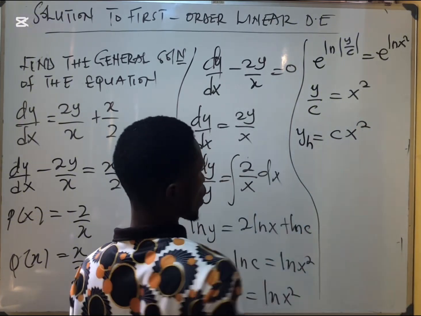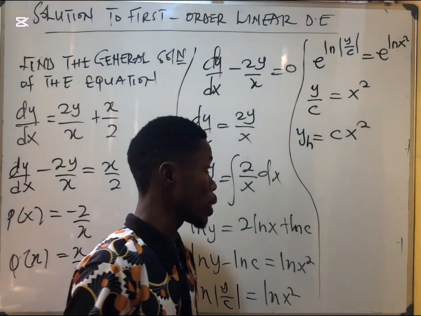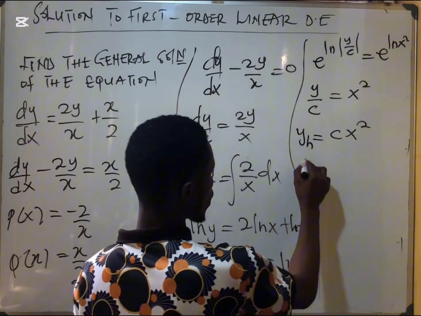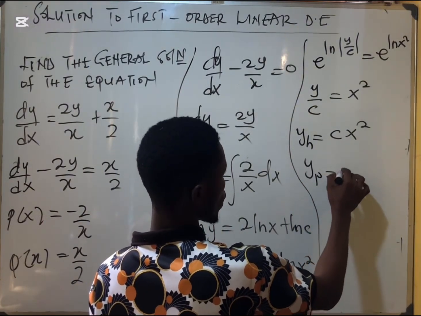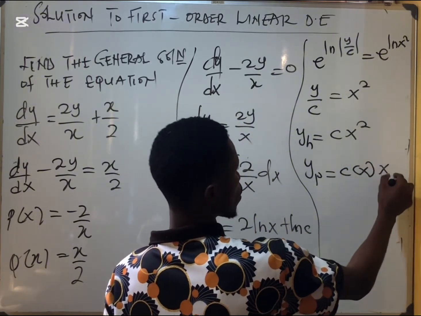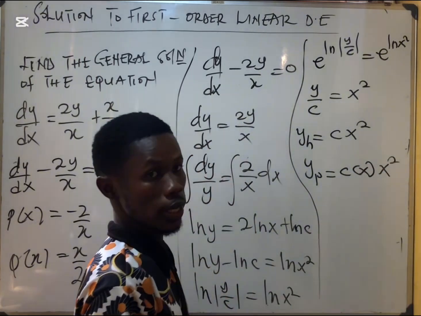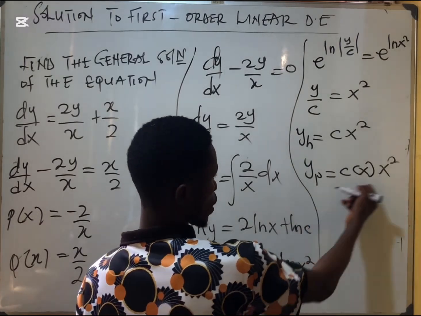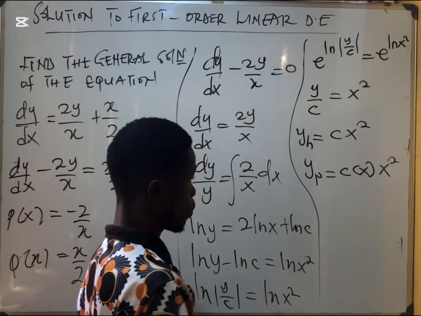This is the homogeneous solution, so we attach subscript h to it. Now we said that if you want to get y p, this c should be written in terms of what? A function of x. Then after that, we differentiate this. So let's look at how we differentiate this.